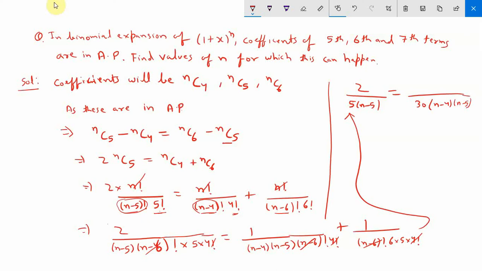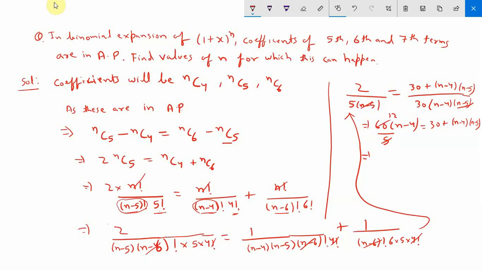Now n minus 5 will get cancelled out on both sides, and we bring 30 across, so 60 by 5 into (n minus 4) equals 30 plus (n minus 4) into (n minus 5). So this will be 12.